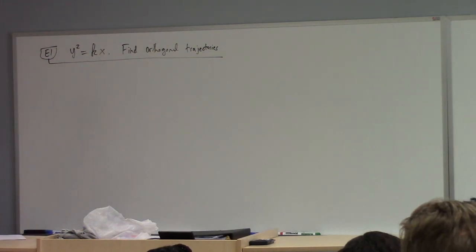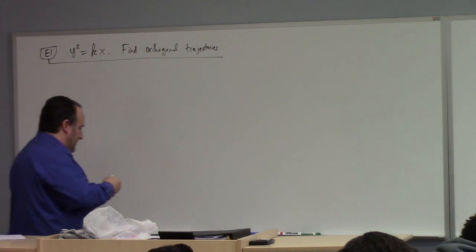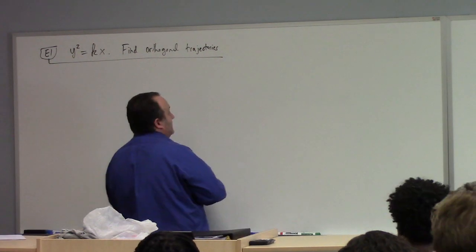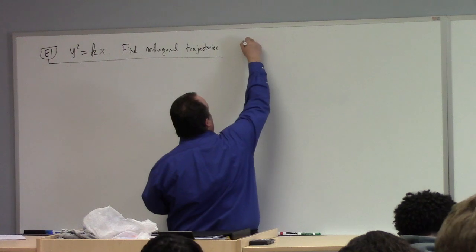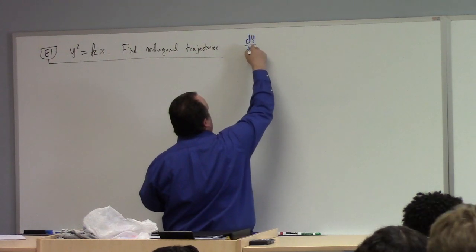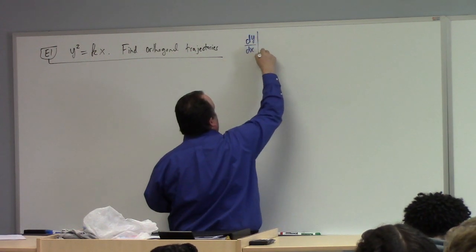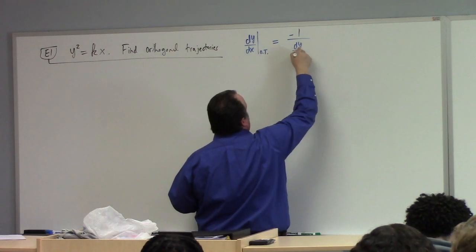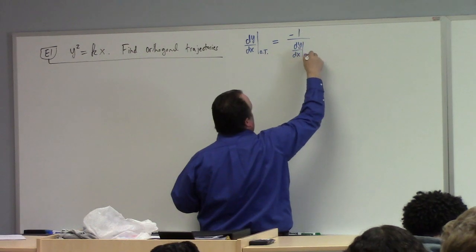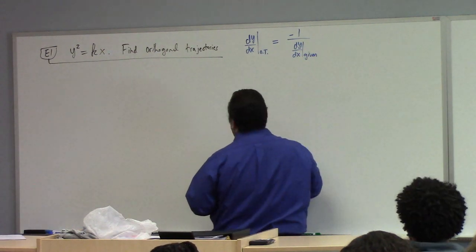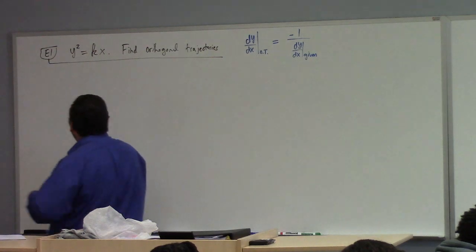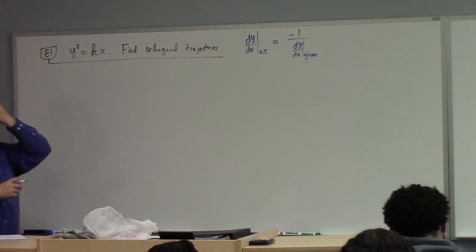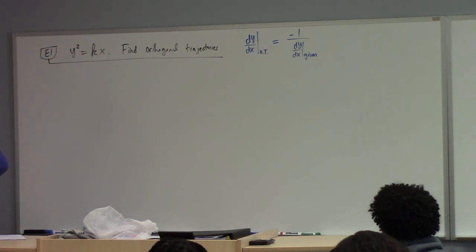Because to find the orthogonal trajectories, here's the roadmap: dy dx for the orthogonal trajectories is going to be equal to minus 1 over dy dx for the given curve. So first order of business is to find dy dx. And the question is, how do you do that in a situation like this?